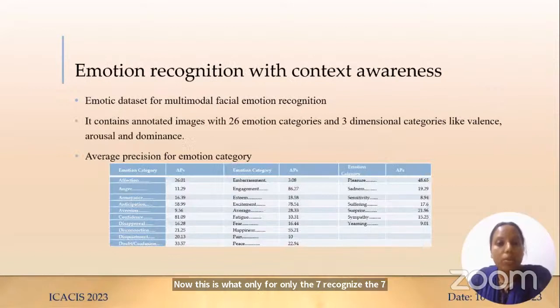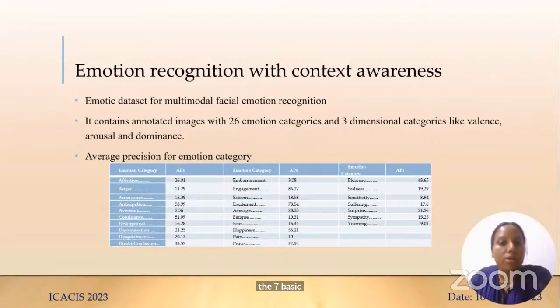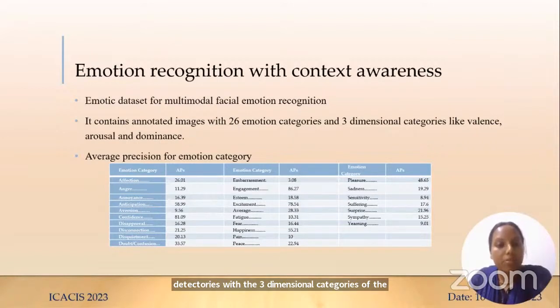When you need to consider context awareness, we need to consider the Emotic dataset, which consists of 26 emotion categories with the 3-dimensional categories of valence, arousal and dominance. Again, here we get the average precision for a more extensive coverage of emotions recognized using the Emotic dataset.